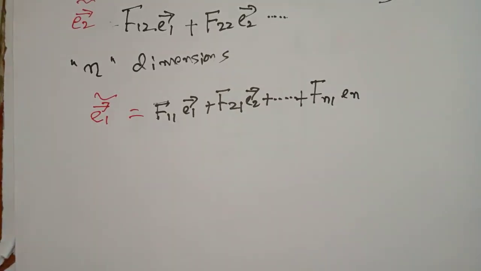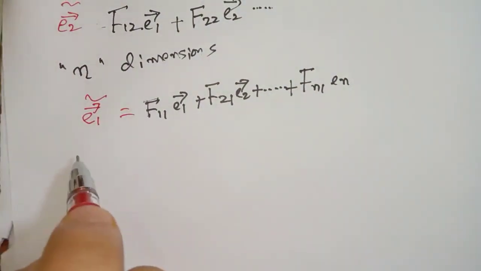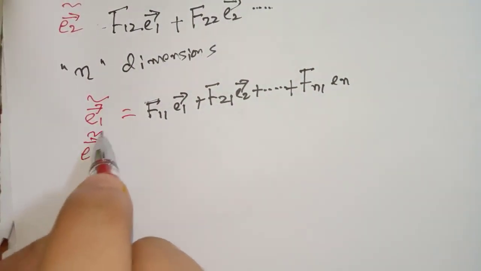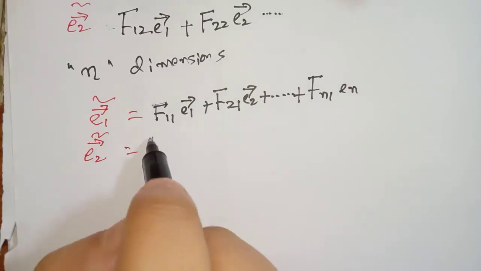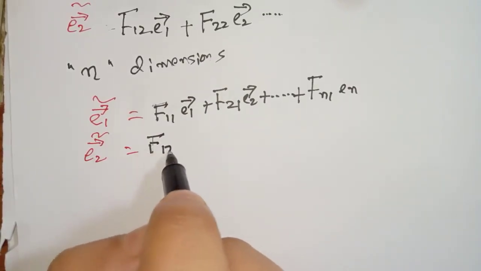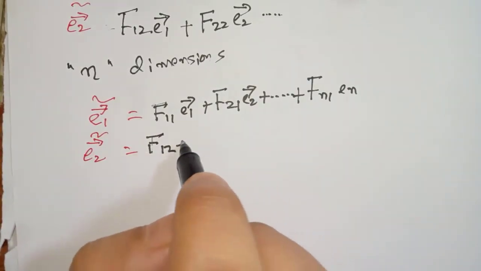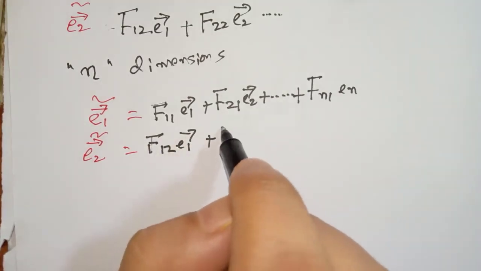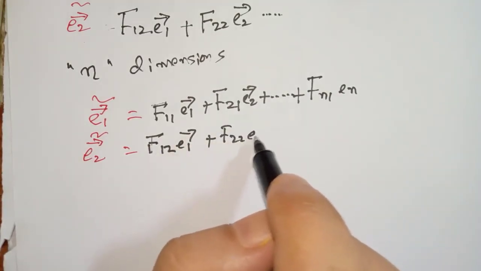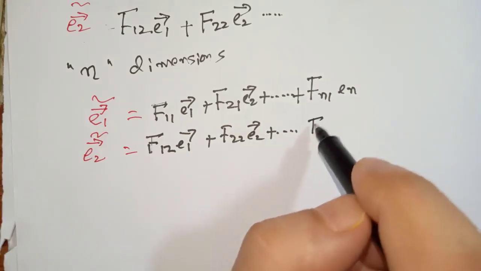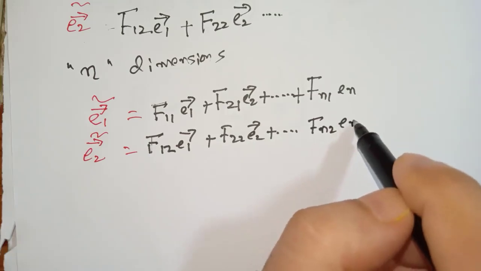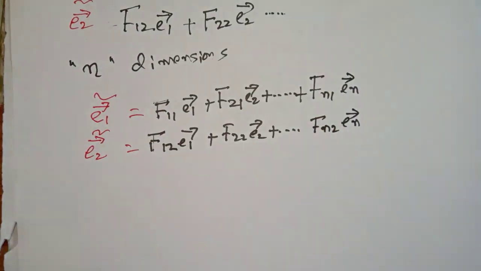Now we will go to E2 tilde. We find that E2 tilde would be equal to F12 E1 plus F22 E2 plus dot dot dot, going up to Fn2 En, and we need to put an arrow on that.